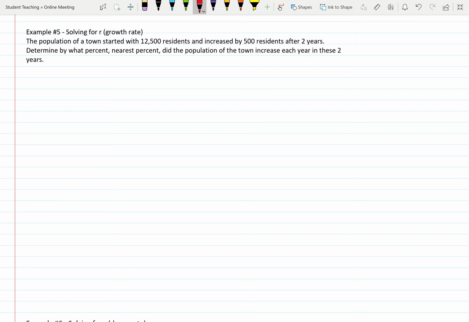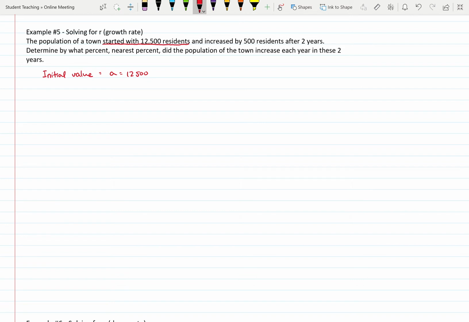First, it says the town started with a population of 12,500 residents. That means our initial value is a equal to 12,500.